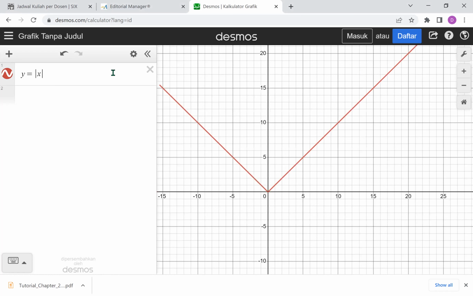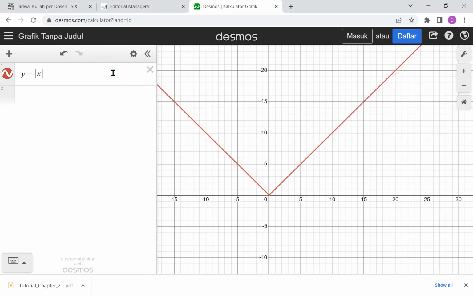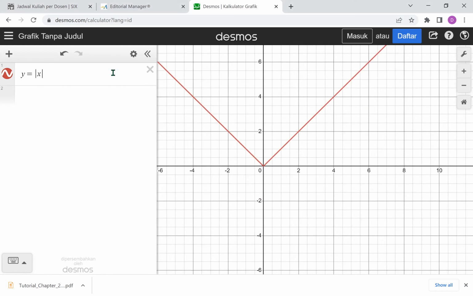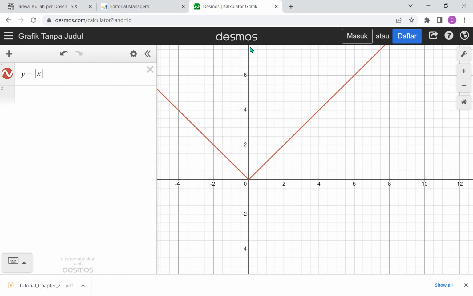But if we concentrate on, let's say, the interval from -4 until 2, we only concentrate on this part of the graph.